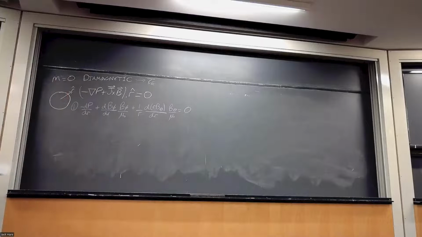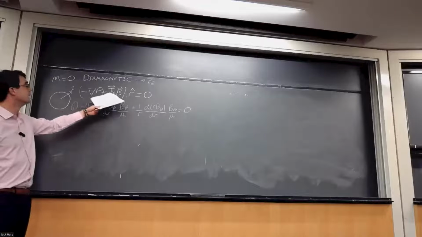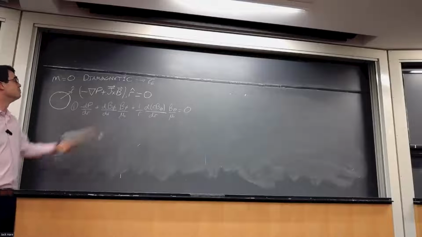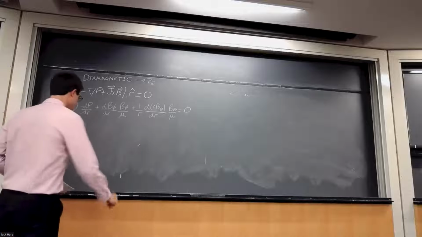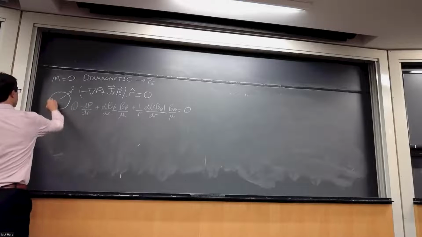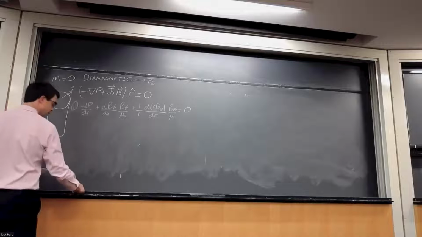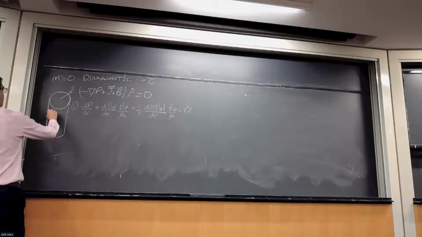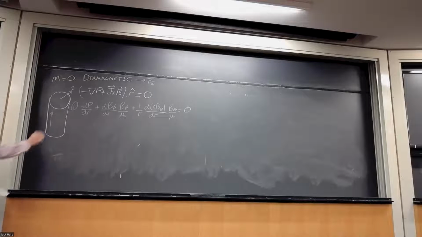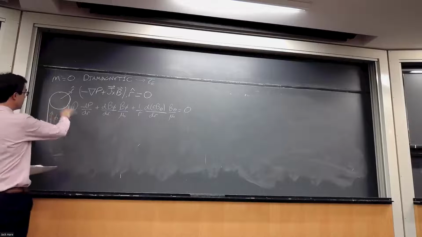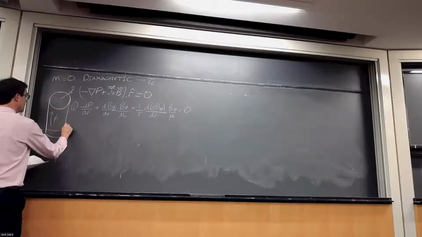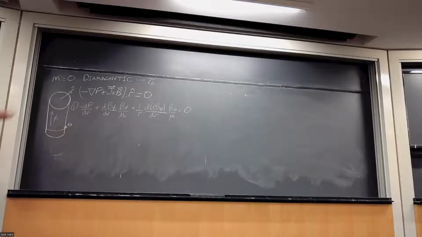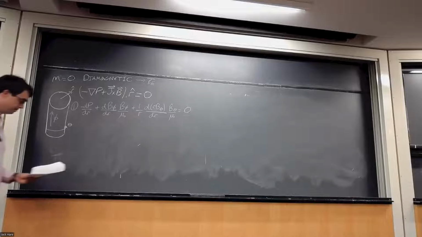And you'll recall that all of these mu naughts are popping out because we've replaced J with the curl of B over mu naught. And you'll also remember that although we don't really have a theta in our analysis because we're dealing with a straight cylinder, we agreed that we would still continue to call this direction along the cylinder phi, because if we do bend this back round into a torus, that's what it'll be. And of course, the other direction that's important here is the theta direction, which wraps around. So that's like your poloidal angle.